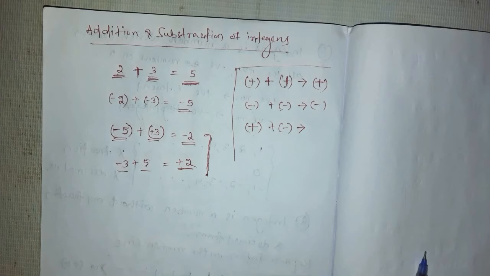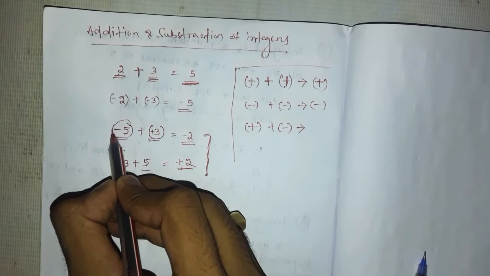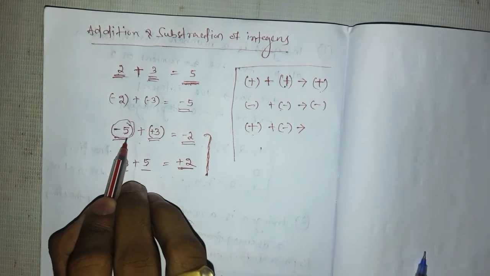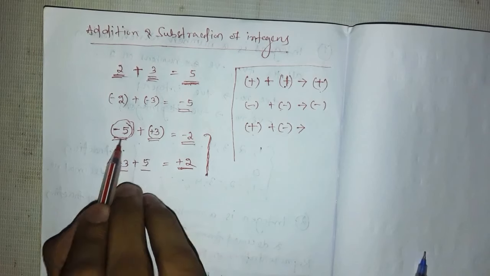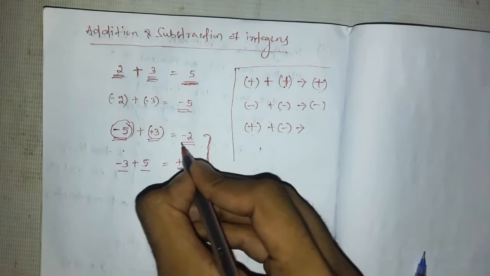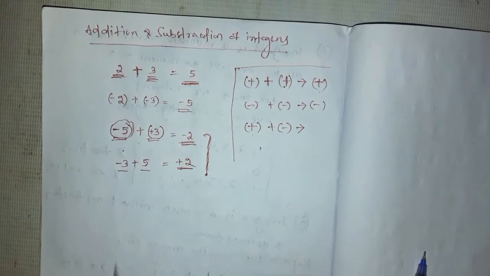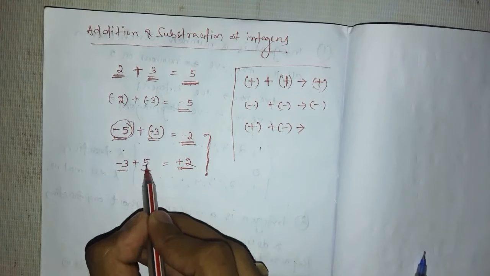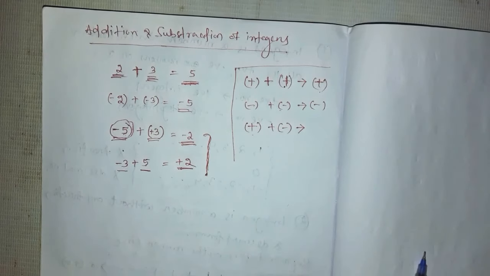The sign of that number will be the sign of the result. Understood? Here, the 5 is the greatest number. What is the sign of the 5? The negative sign, so the result becomes negative. Here the greater number is 5 and it is positive, so the result becomes positive.